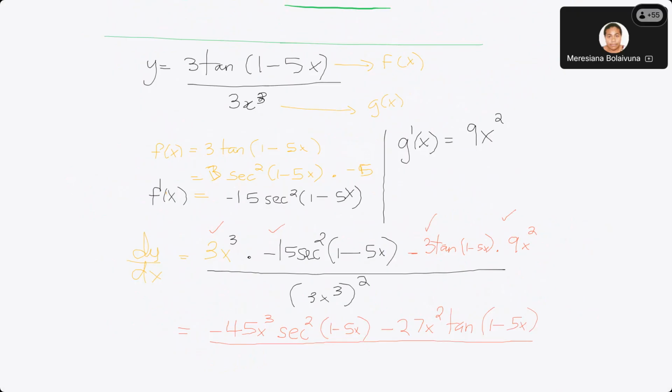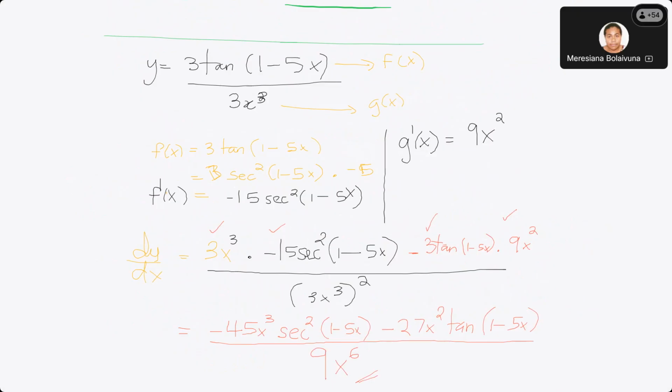G squared is 3x cubed to the power of 2, that is equal to 9x to the power of 6.